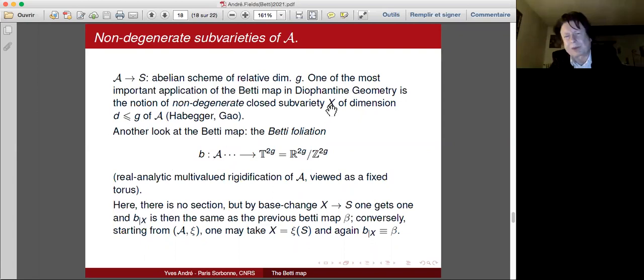Because if you have a subvariety X of A, you can perform the base change from S to X, and then you get a section. And then this B restricted to X is essentially the same as the previous Betti map, beta. And conversely, if you start from an abelian scheme with a section xi, you may take, in this framework, X to be the image of the section, and then again the two Betti maps essentially agree up to some integers.